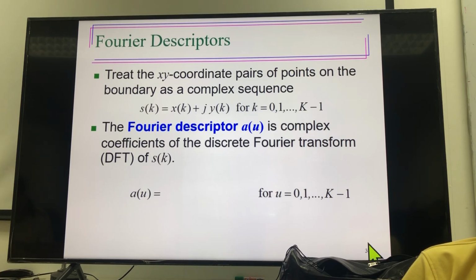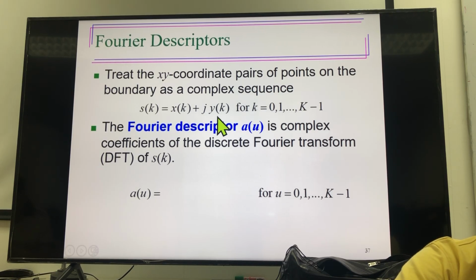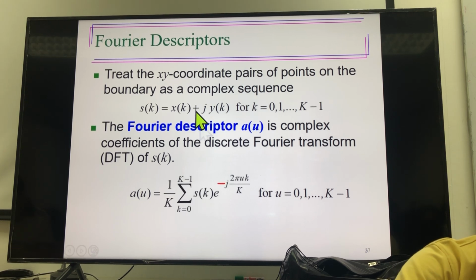Fourier descriptor: you change the boundary position x, y into the Fourier domain. So we set s_k equal to x_k plus j y_k. And then we take the Fourier transform of this s_k.